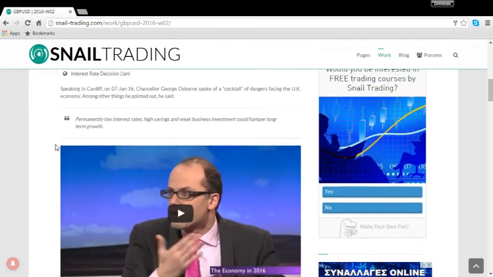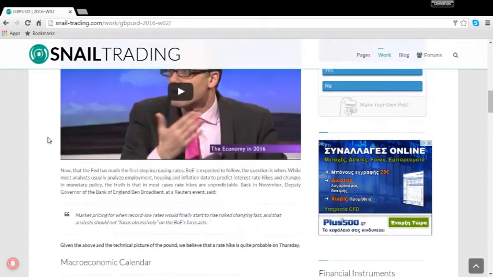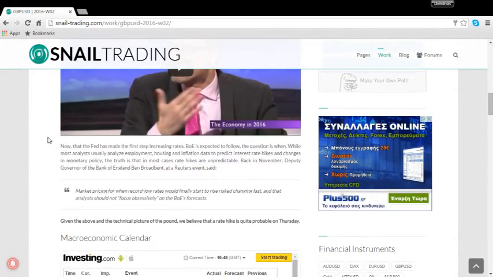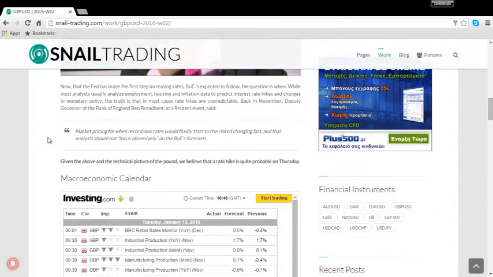This is an unpredictable event, and we believe that the Bank of England will actually increase rates during this event unexpectedly, due to several fundamental factors that drive in that direction.